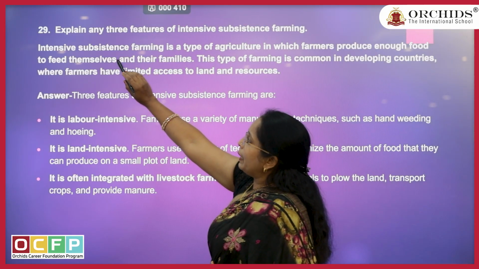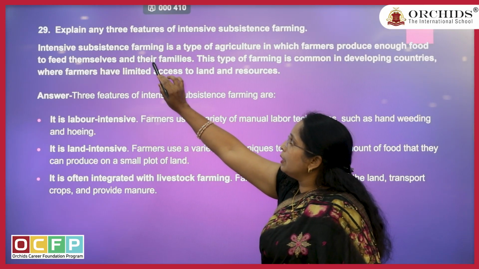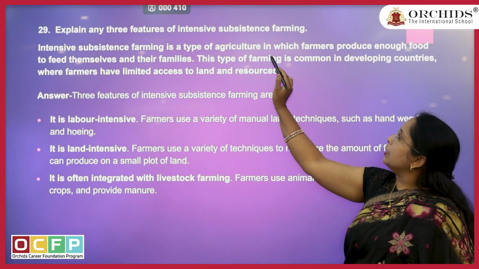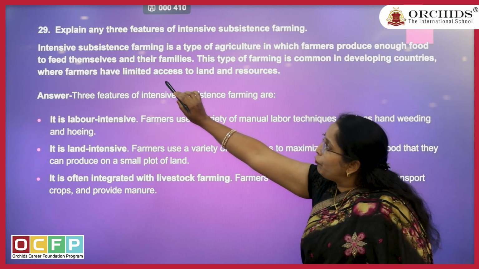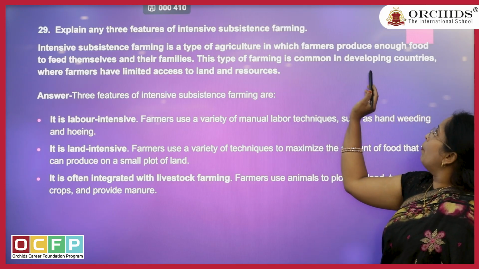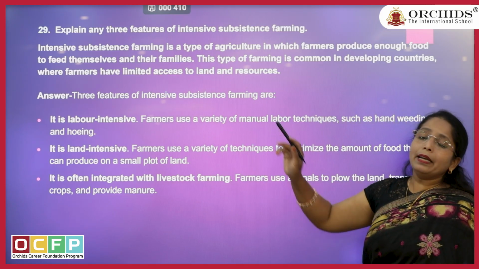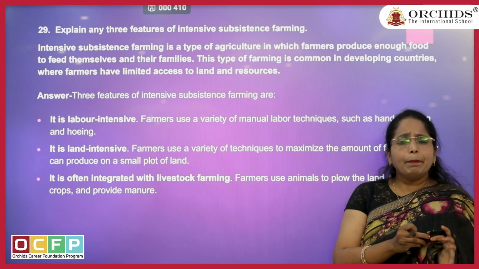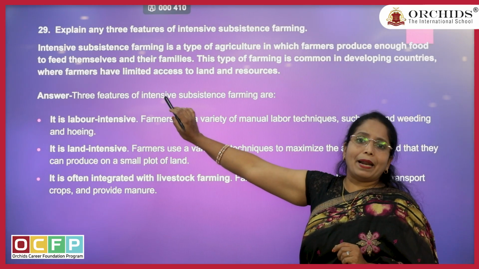First we will explain the features of this farming. Intensive subsistence farming is a type of agriculture in which farmers produce enough food to feed themselves and their families. This type of farming is common in developing countries where farmers have limited access to land and resources. We can take many places of India, many states, where this kind of farming is in practice.